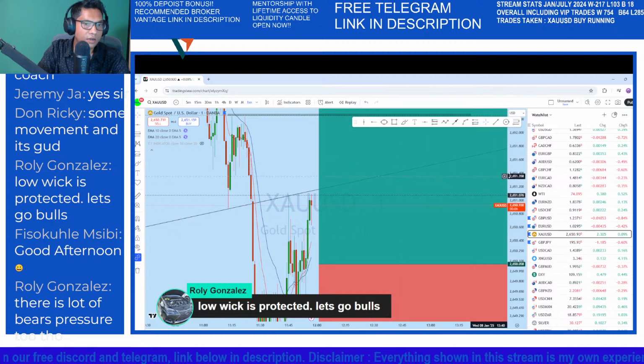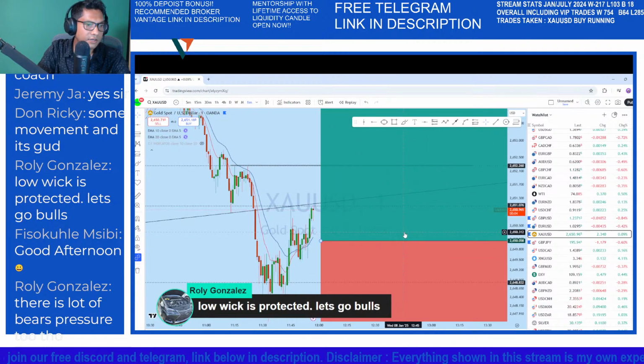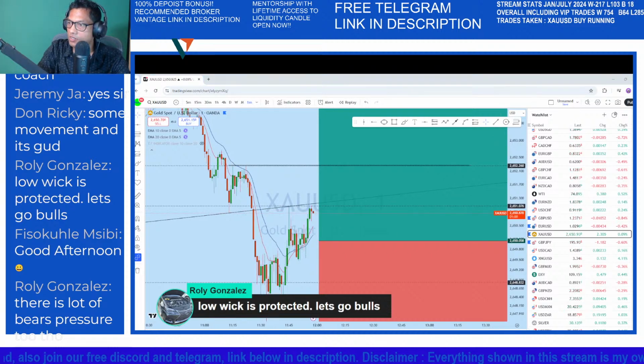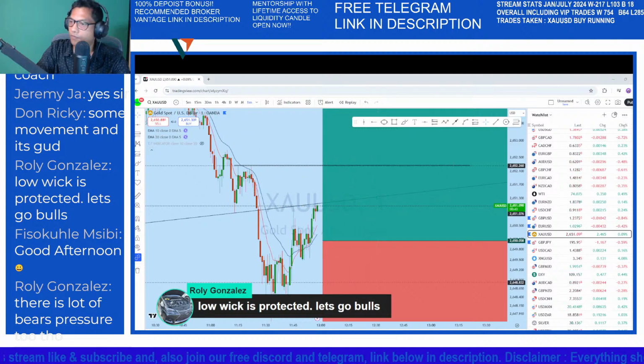So far, the bulls look potentially stronger. So you might see some movement here. So we can see some movement, and let's wait for that to happen.